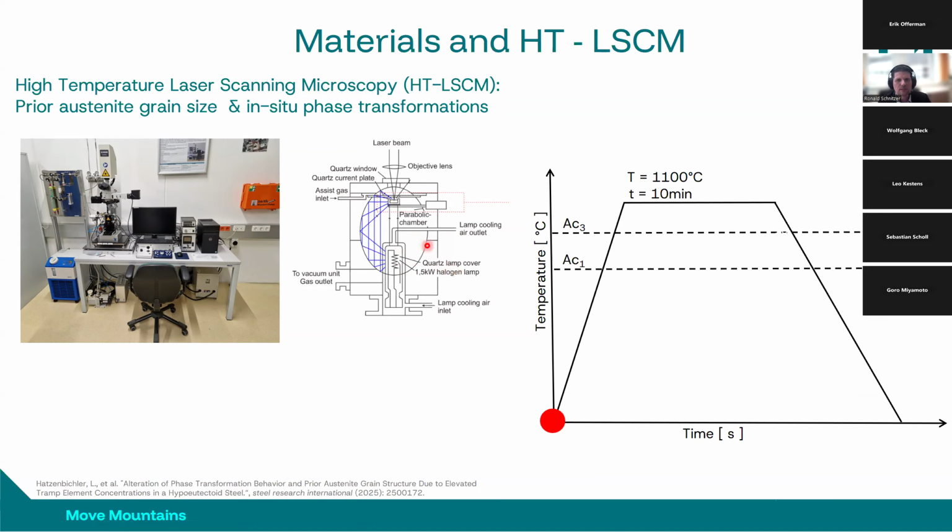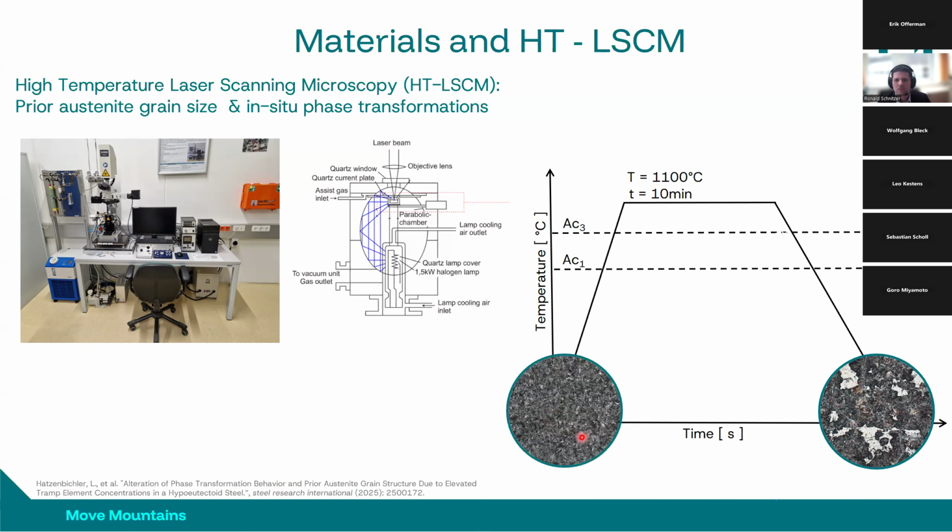And what you do, you scan your sample with a laser, and then you get an in situ image during the time-temperature heating. Normally you are able to see the microstructure, ferritic, pearlitic, after the heat treatment or before.